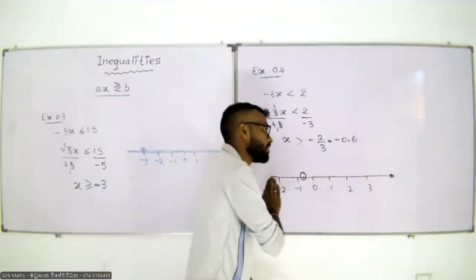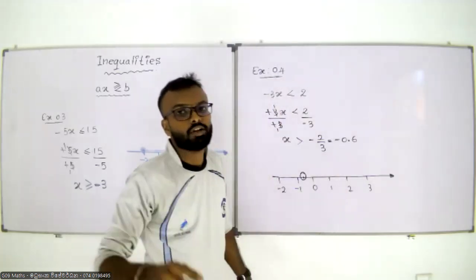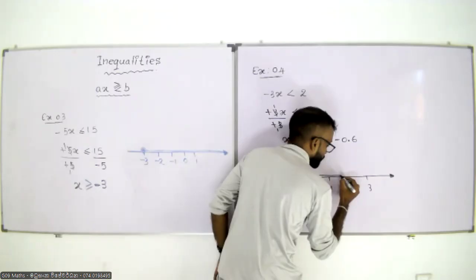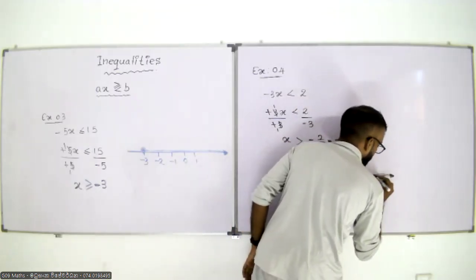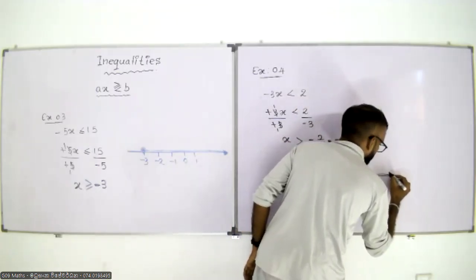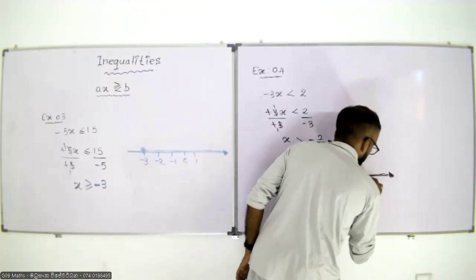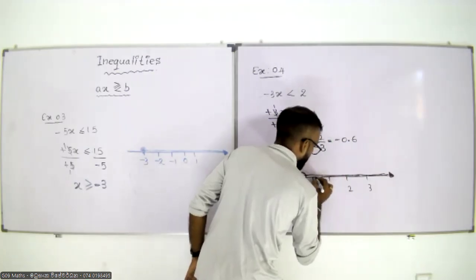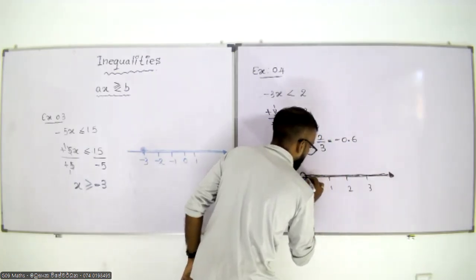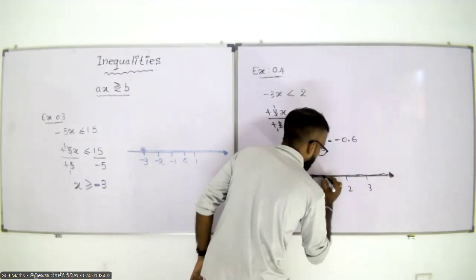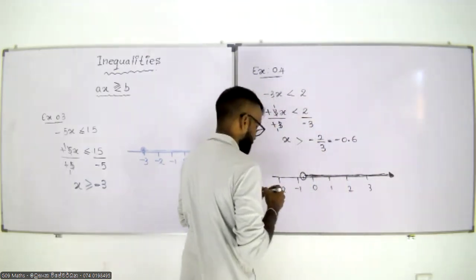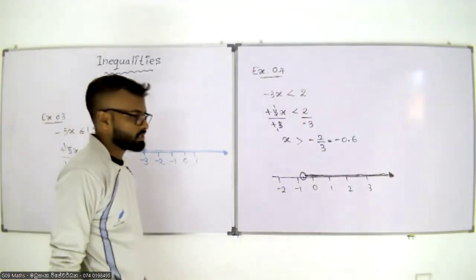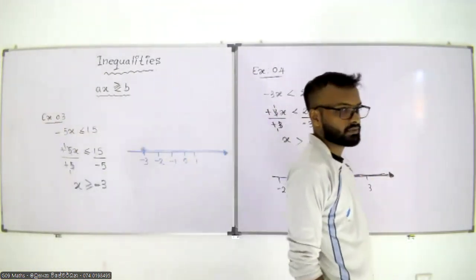Greater than, you have to travel to the right hand side of the number line. So all the values starting from here to positive infinity. Got it? So this should be the answer.